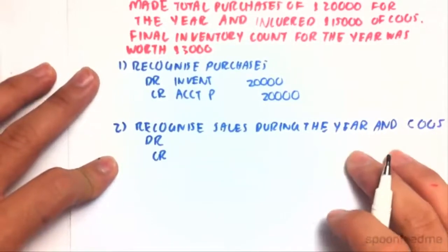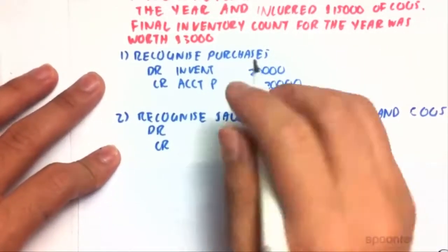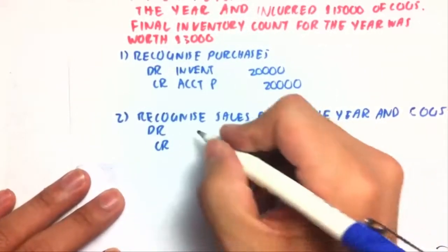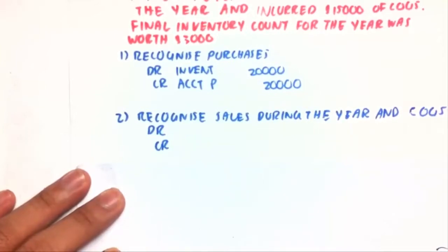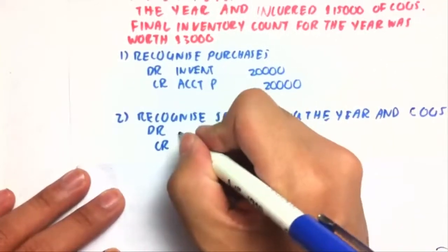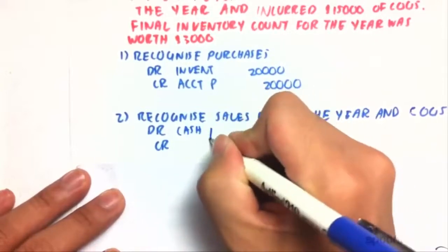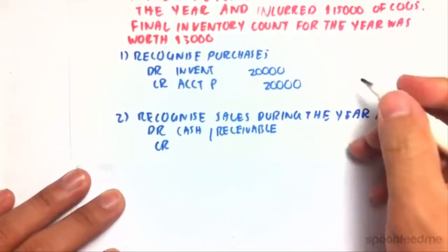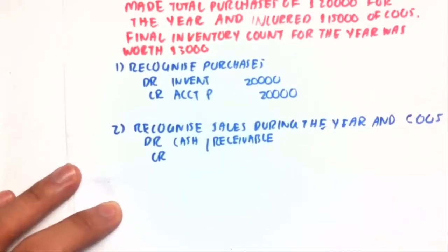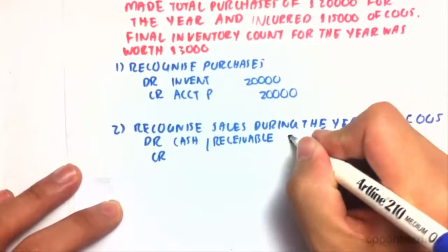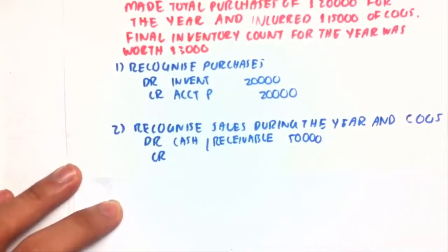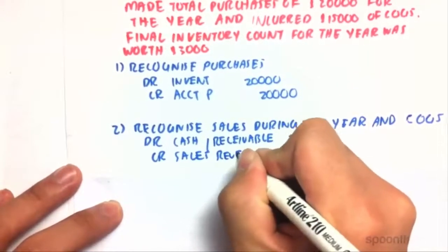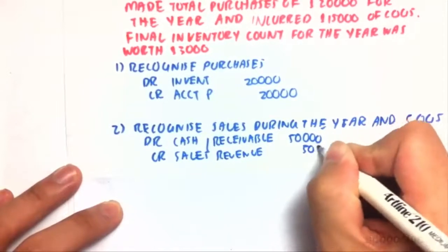Next, we recognize sales during the year as well as COGS, and that's a part of our matching principle. So therefore, we start recognizing sales. Let's assume we'll normally debit any cash or receivable, for example, we sold at $50,000, and then we credit sales revenue for that sales amount, for example, of $50,000.